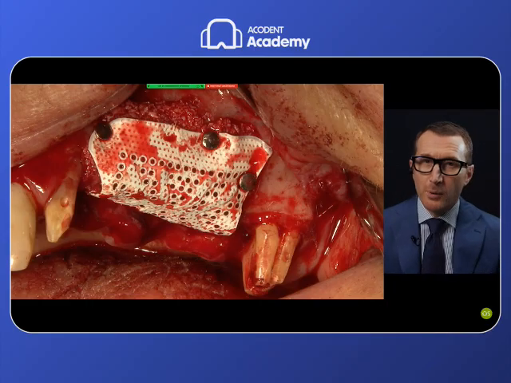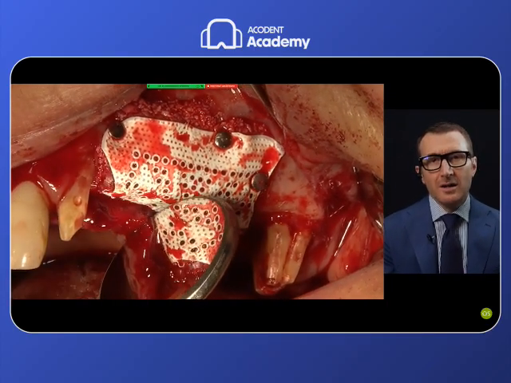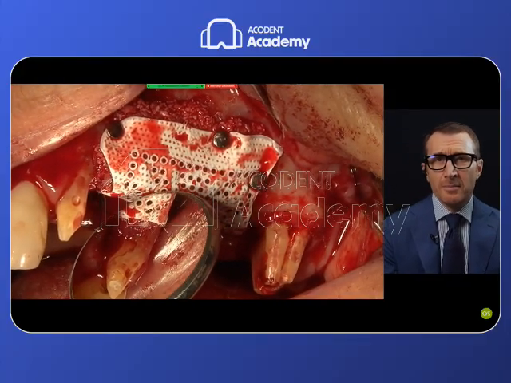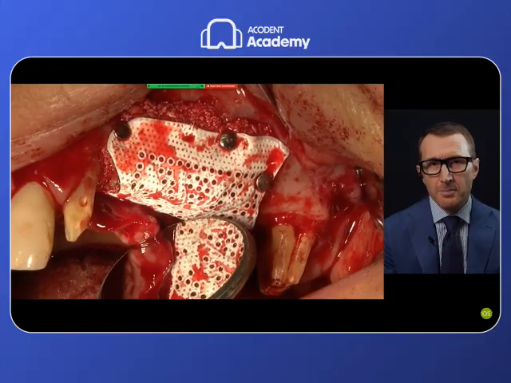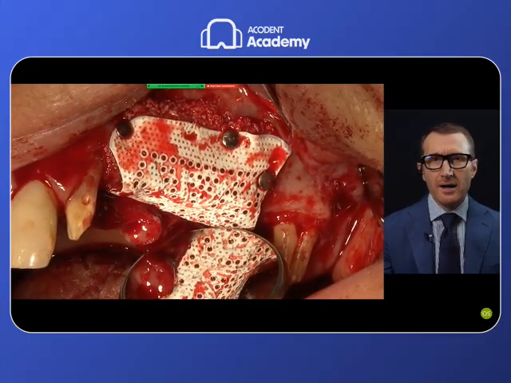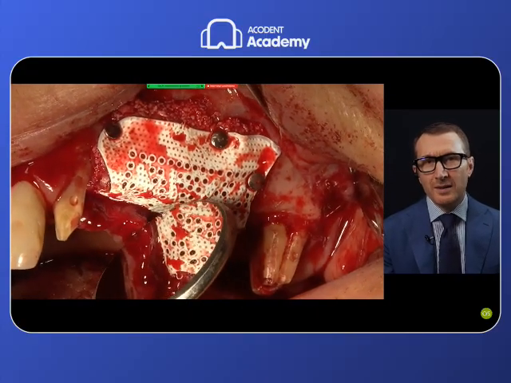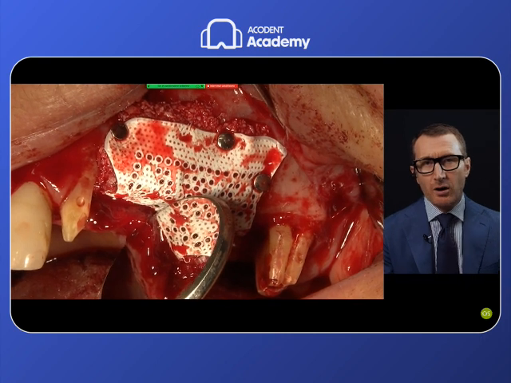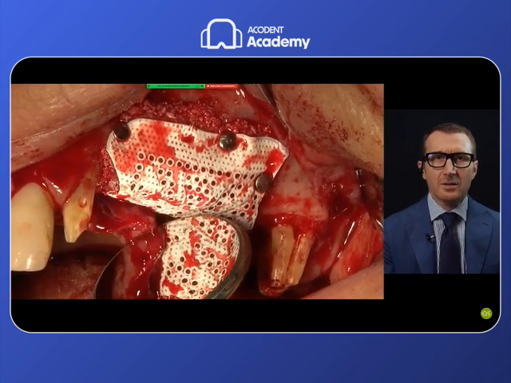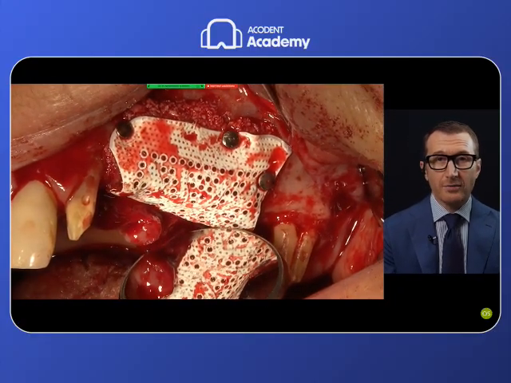So what he proposed in the last years is to change the macrostructure of the PTFE membrane, talking more about a mesh membrane with microperforation to allow a better interaction between the two compartments, where obviously now also the soft tissue side can allow a sort of perfusion or vascular support to the grafted area.